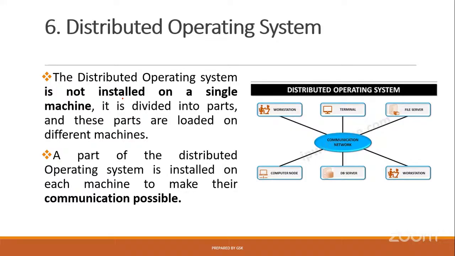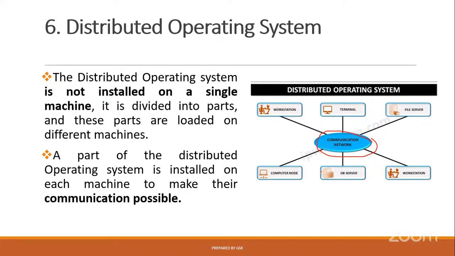The distributed operating system is not installed on a single machine. In our example, 6 machines. Of course, the types of the machines are different, but in general terminology, 6 machines are connected to a network. This is one network, and 6 machines are connected to the network. So the distributed operating system is not installed in a single machine.